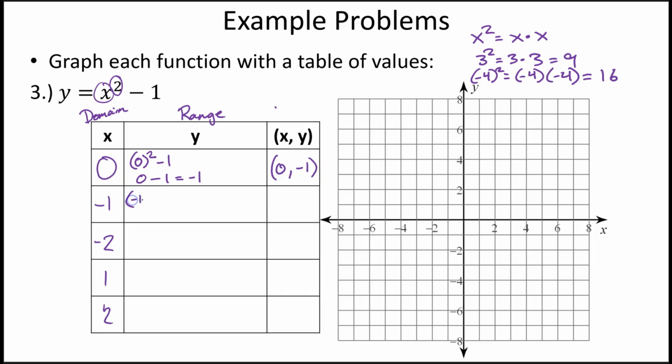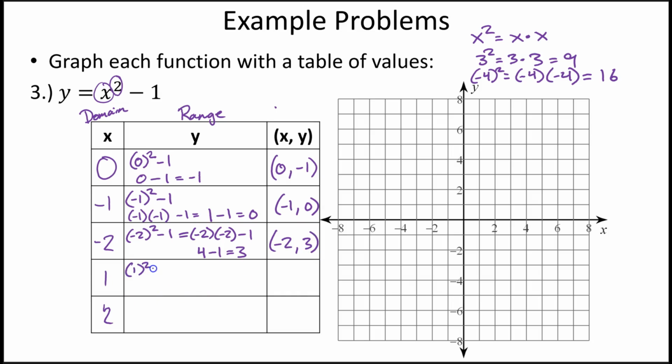All right, so the next one, negative 1 squared minus 1. That is going to be negative 1 times negative 1, which is positive 1, minus 1, which is 0. So negative 1, 0 is our next point. We keep going. Negative 2 squared minus 1 equals negative 2 times negative 2 minus 1, which will give me positive 4 minus 1, or 3. So negative 2 and 3.